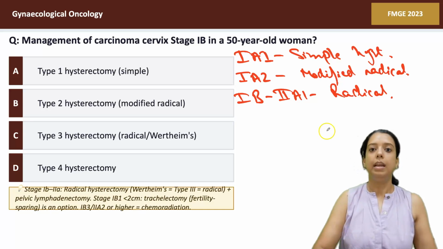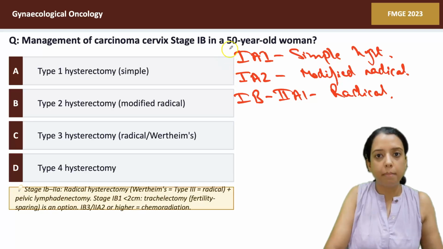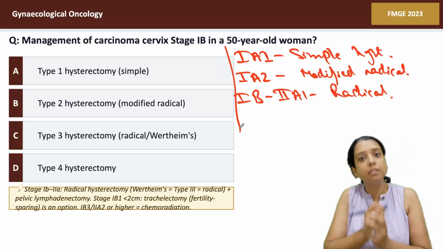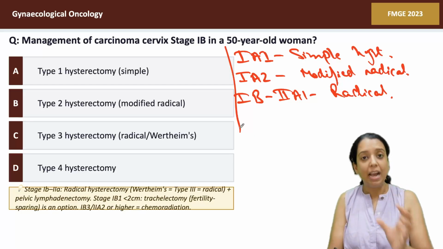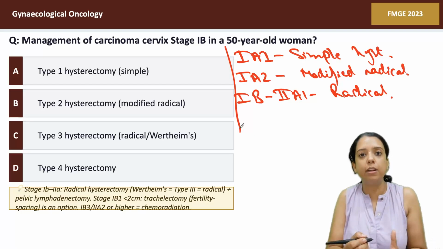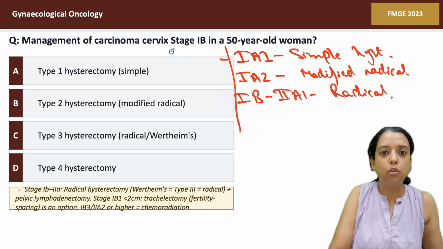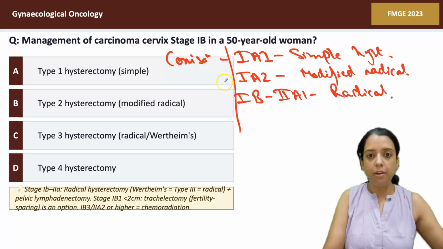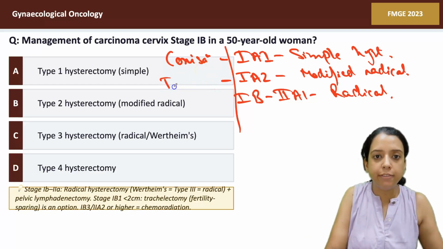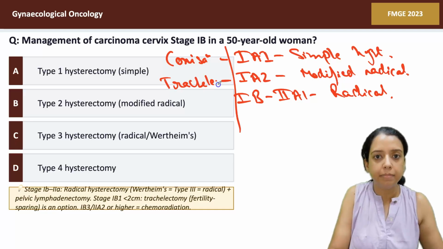Okay? In 1A1 and 1A2, also remember one thing, uterus preserving surgery can also be done. They are microscopic and on the cervix, so I can preserve the uterus. What can I do? In 1A1, I can do conization, remove a cone of cervix, uterus preserved. In 1A2, what can I do? I can do modified radical trachelectomy.